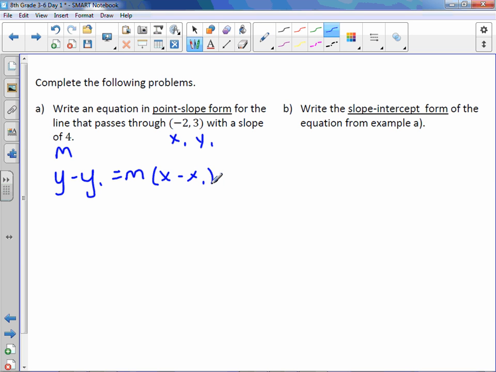Now plug in the information you know. We have m and we have x1, y1. So y minus our y1 is 3 equals our slope, our m value is 4.